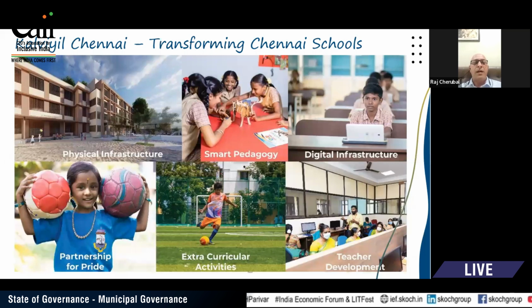Not only did we look at the infrastructure of each of the buildings, we also looked at the pedagogy, because ultimately, if the kid goes into the school and doesn't come out better, there is no point painting buildings or putting in new windows. So we realized that the pedagogy has to improve. A lot of digital technologies have to be introduced. A lot of extracurricular activities for character development and team building had to be done.